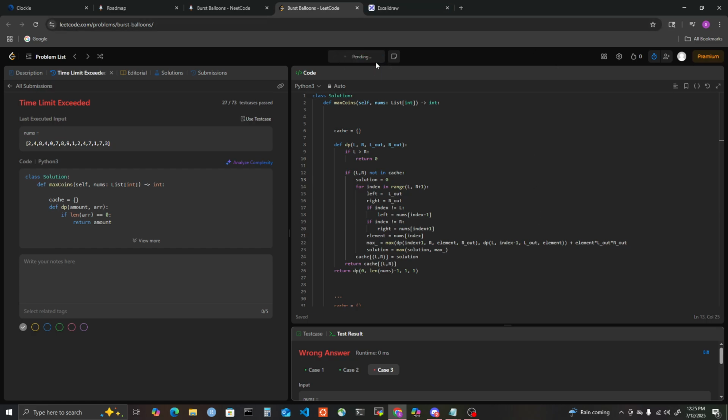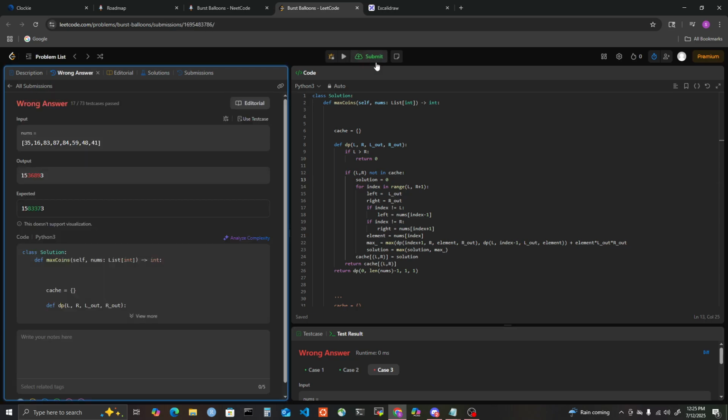I hate it so much. Let's see if it makes it to 27. Let's see if it poops out beforehand. No way. Do I get a time limit exceeded? Okay, it poops out beforehand. Look at that.